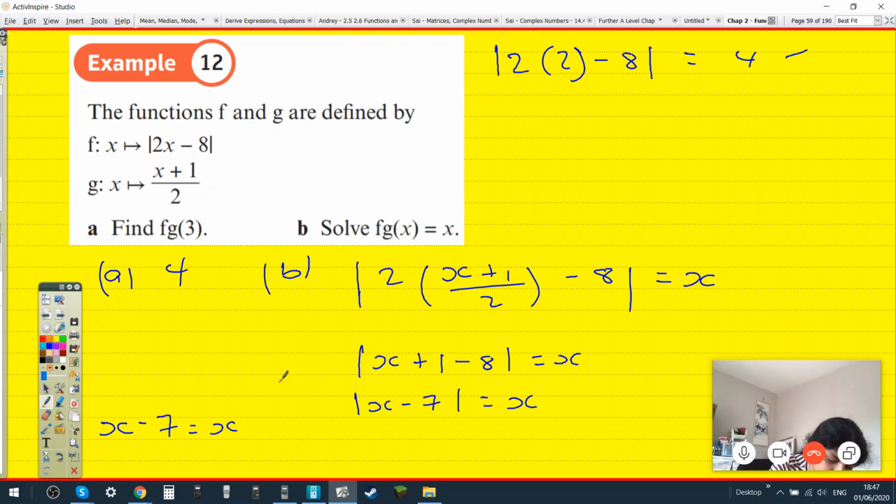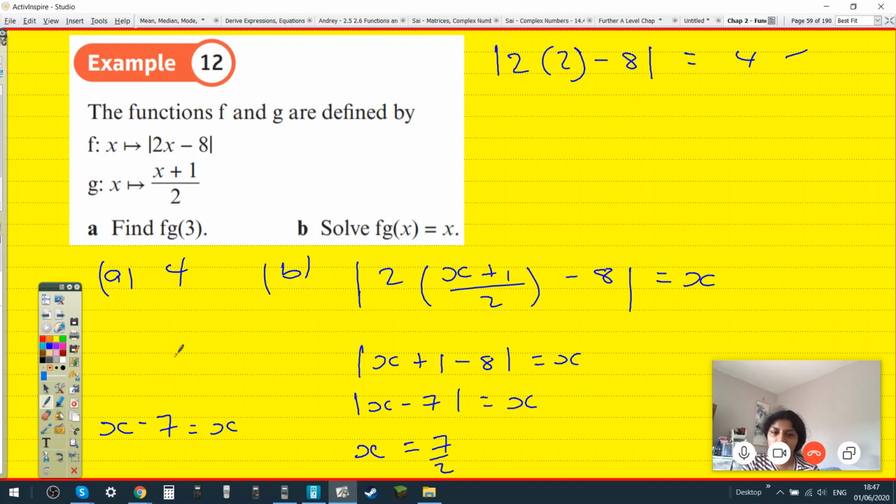Oh, wait. X is equal to -7 over 2, or x is equal to 7 over 2. What is x minus x?